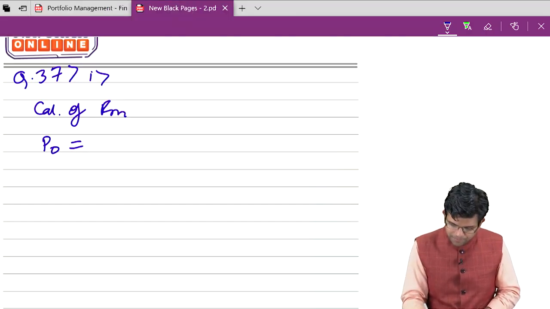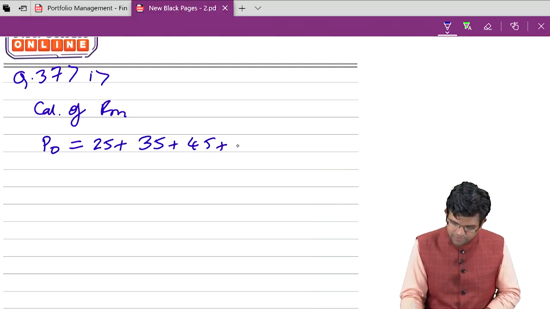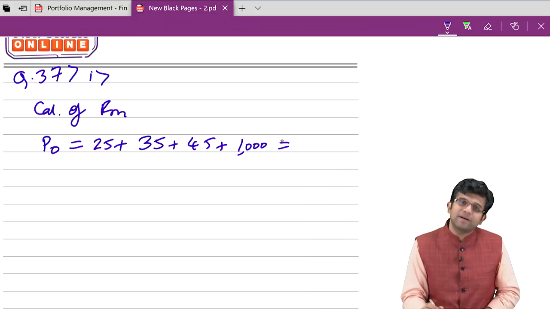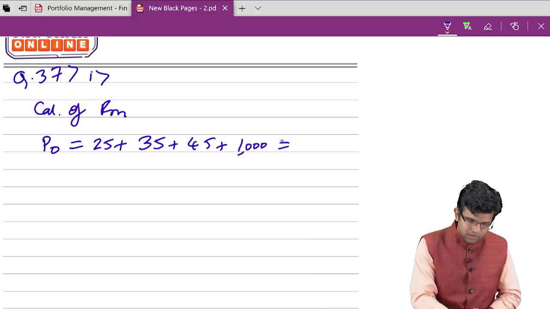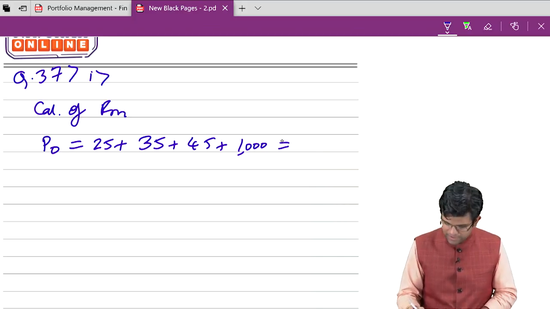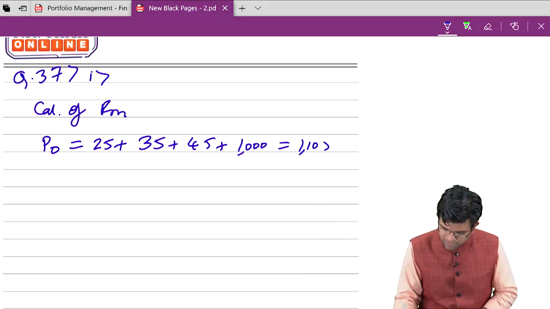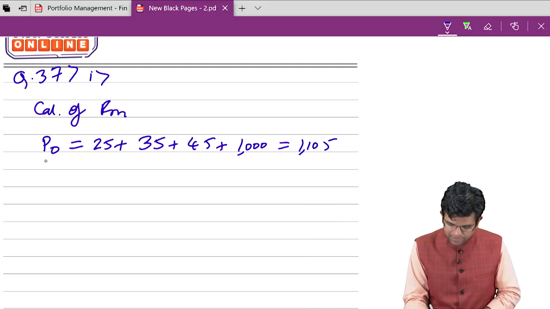If we take the calci, we get 1015. So I'll write down here 1015 becomes the P0 for the market return.